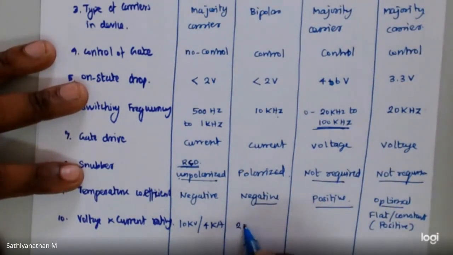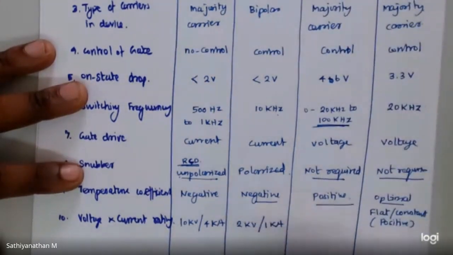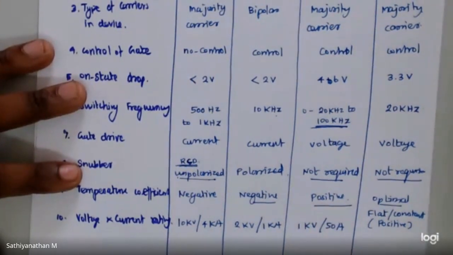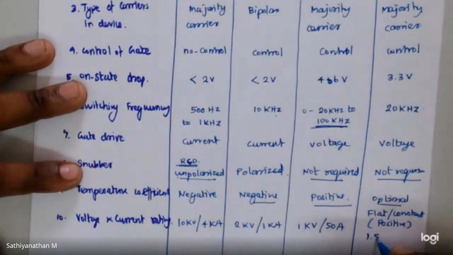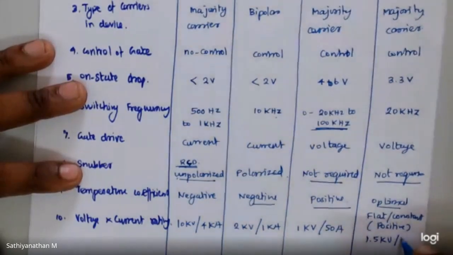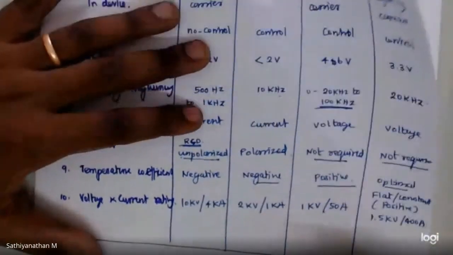BJT you may get around 2 kV rating and 1 kiloamp rating, and MOSFET 1 kV at 50 amps, and for IGBT it is 1.5 kV at 400 amps. Look at the difference.